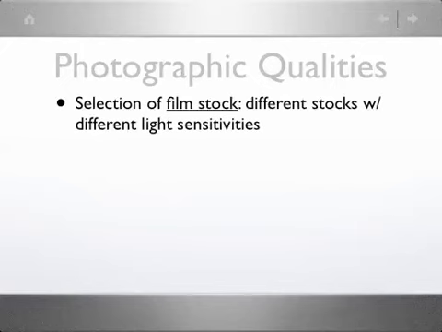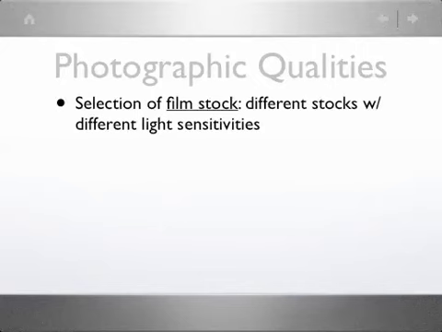Different kinds of film stock have different light sensitivities. Some types of film stock are more sensitive to light, meaning that you can film in conditions that have less light, because whatever light exists is going to be picked up by the film stock more easily.